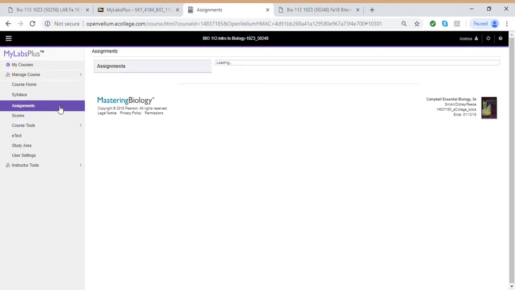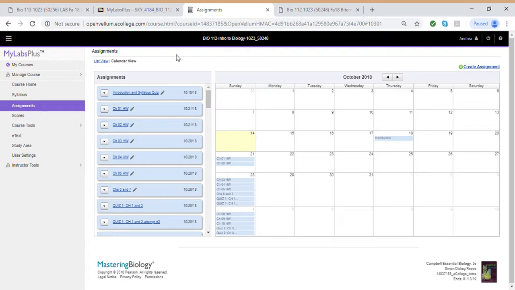But if you click on assignments, a course calendar will pop up and all of your assignments will be listed on it. See, there we go. Here are all your assignments. Here's the course calendar with the assignments listed. And this page is probably going to be the most important because it has all of the quizzes and assignments that are available to you.